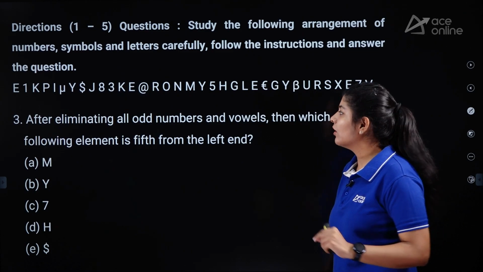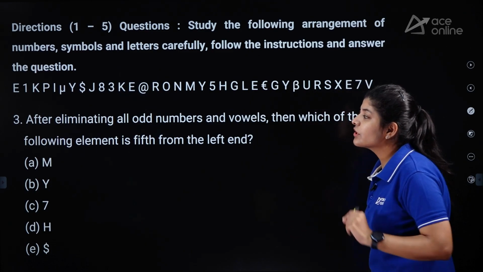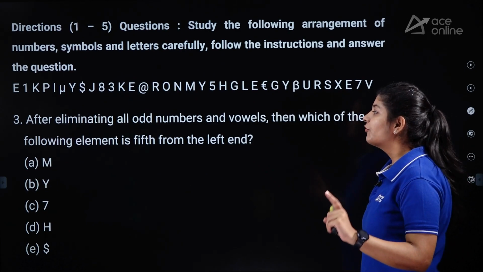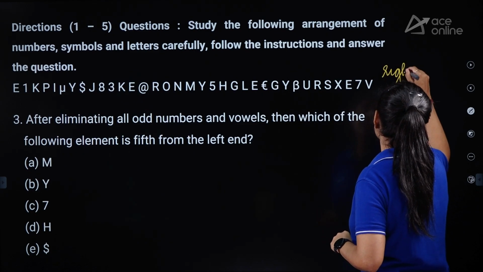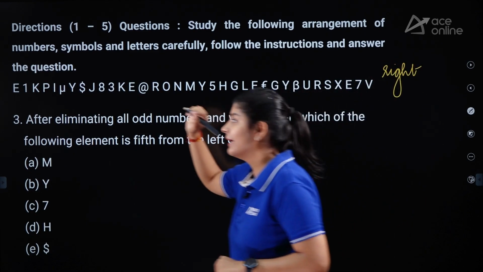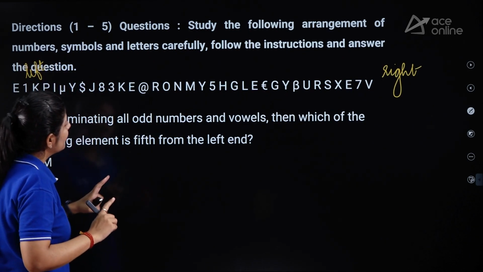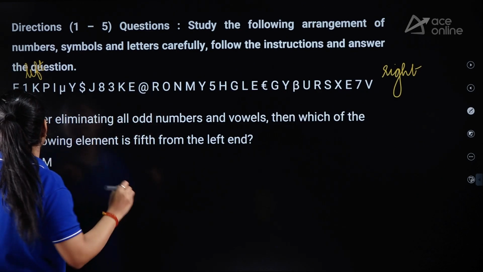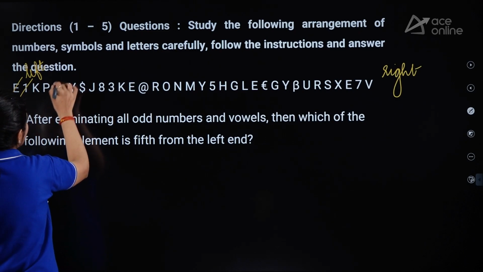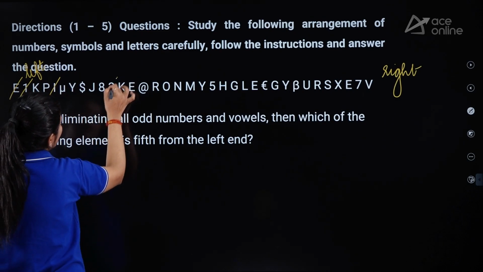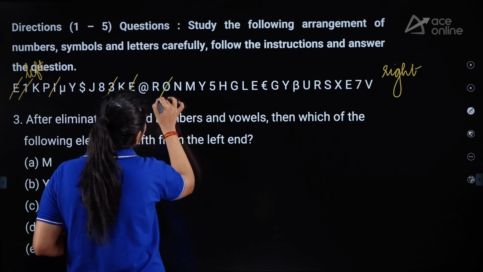After eliminating all odd numbers and vowels, which of the following elements is 5th from the left end? Okay, so basically this is the right end and that one is our left end. First we have to eliminate all the odd numbers and the vowels. So this is the vowel, odd number, vowel, odd number, vowel, vowel.